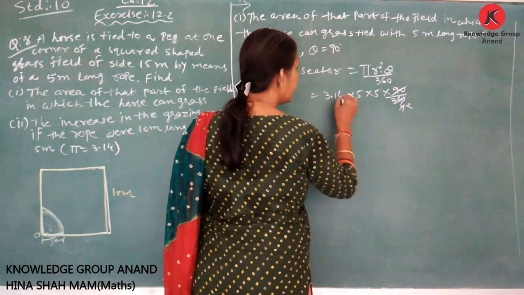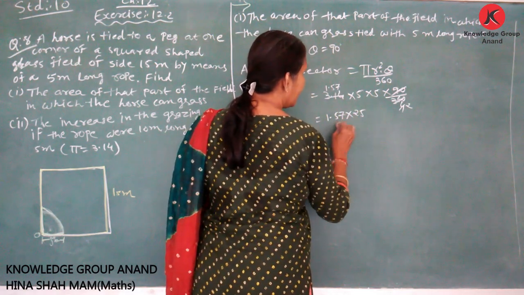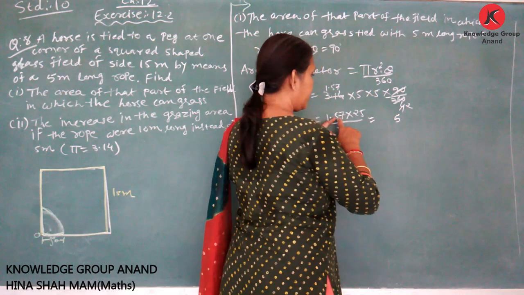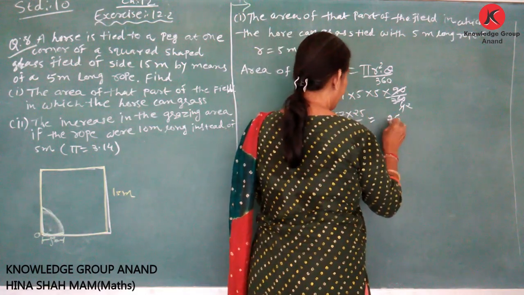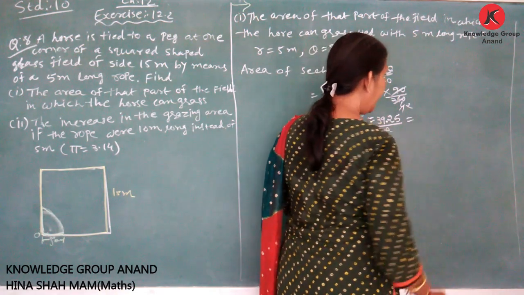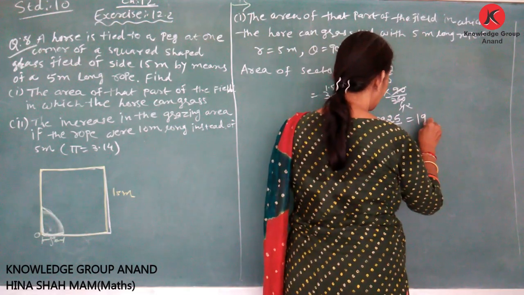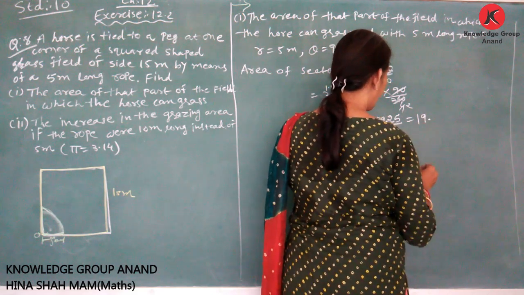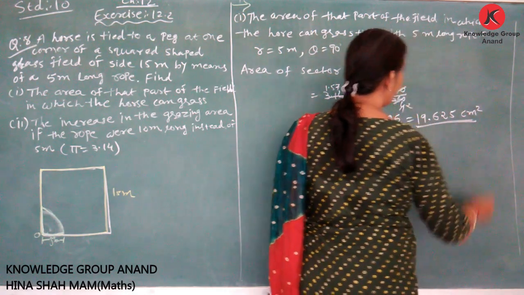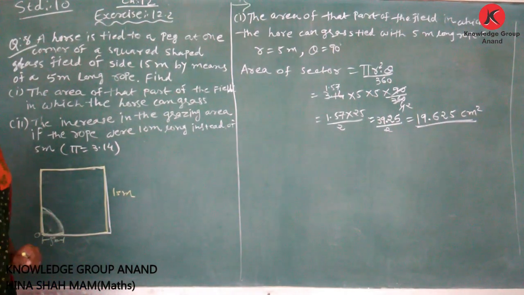So 3.14 into 5 into 5 divided by 4 is 78.5 divided by 4, which equals 19.625 meter square.